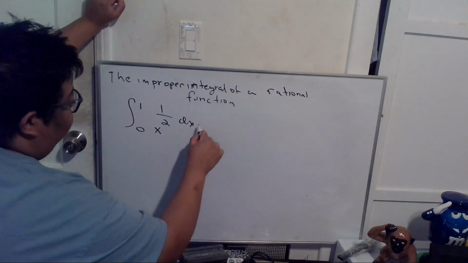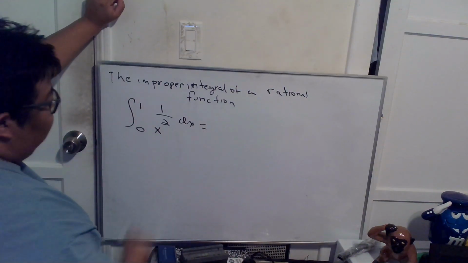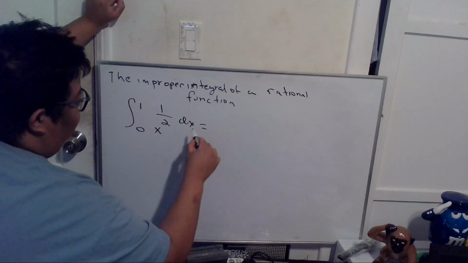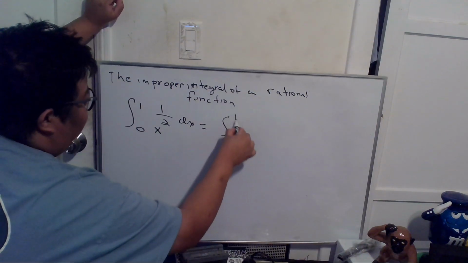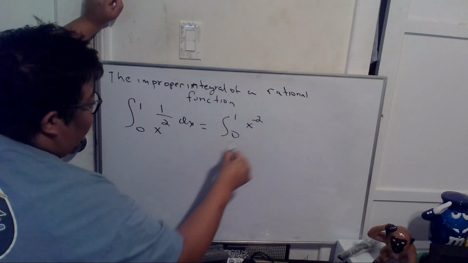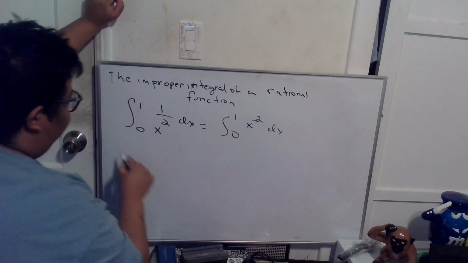Now we're going to take the antiderivative. I can write it as the integral from 0 to 1 of x to the minus 2 dx.